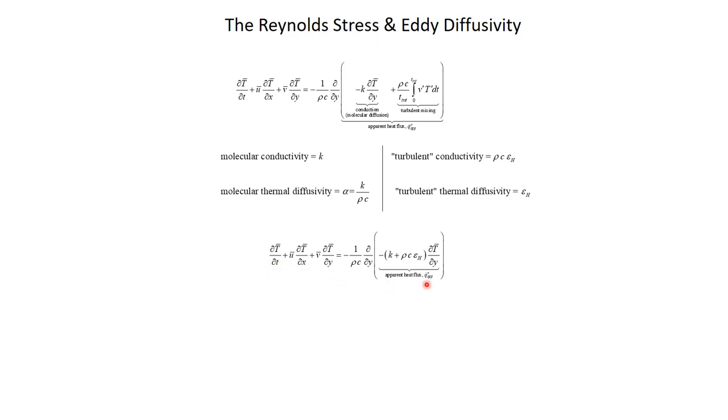But if I move into a region of the flow where turbulence is present, then this term starts to become active. The molecular conductivity does not go away. It's still there. It just becomes really, really small compared to this term, and the turbulent conductivity dominates the problem, right?